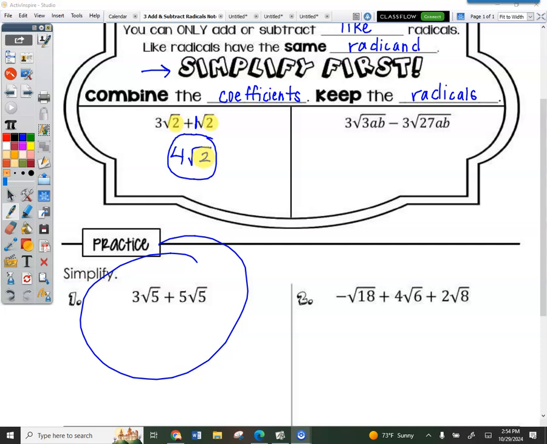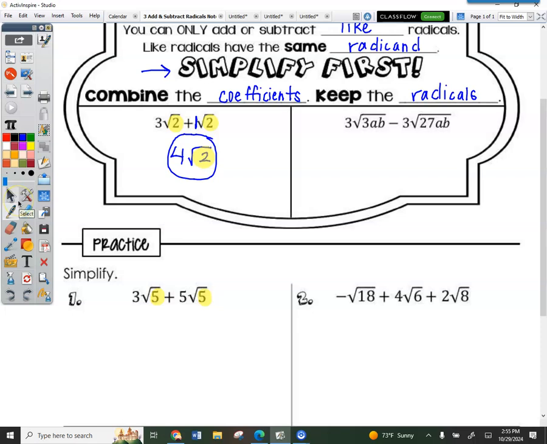You have 3 root 5 plus 5 root 5. Do the radicands match? Radicand means the part under the radical. They do match. Right here's a 5, right here's a 5. That's what has to match.